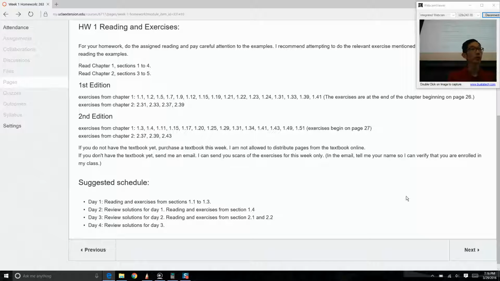I do not collect homework. I assign homework for your benefit, so you can see if you have learned the material yourself. But I don't collect homework, so we're on the honor system here.